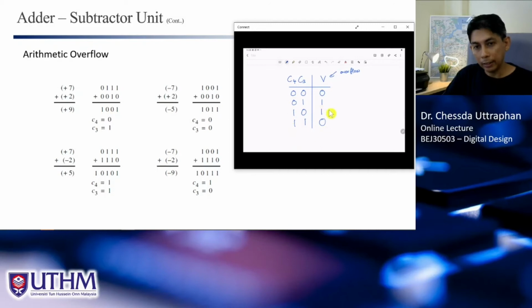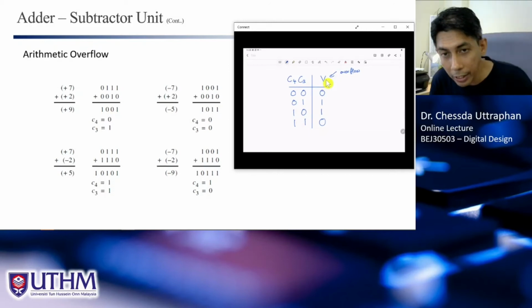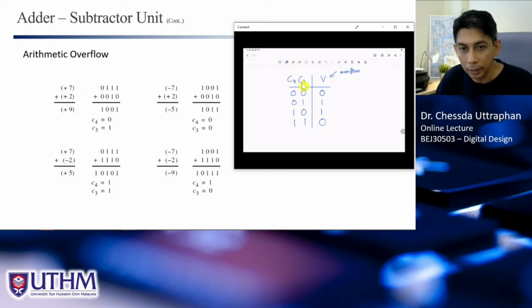So this is the truth table, and we have the relation between V and C4 and C3. So this is easy. We can determine, or we can derive the logic equation, right? So this should be C4 bar C3 or C4 C3 bar, right?